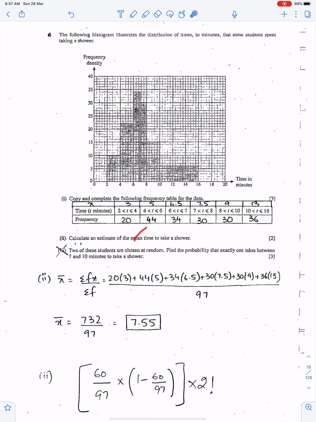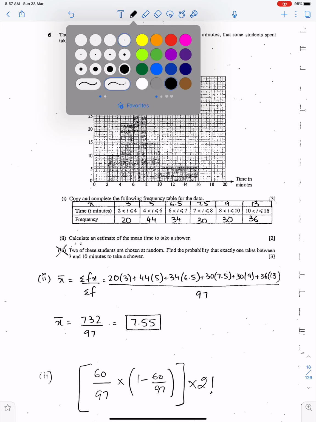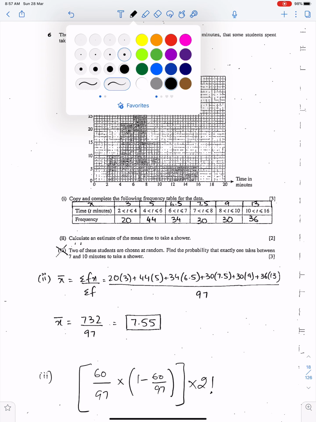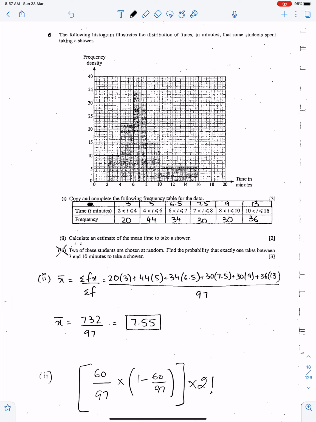Now estimate mean. This is so simple. Get the mid value and write x here, write t here, because data is in the form of t.